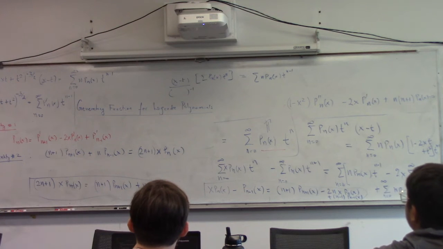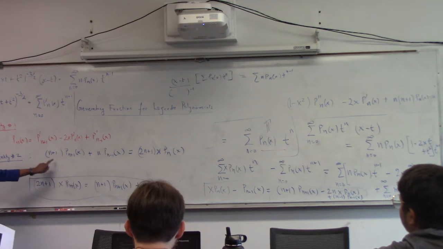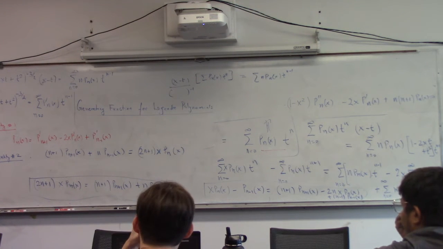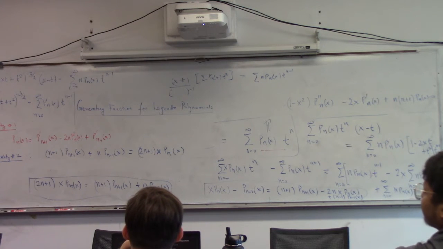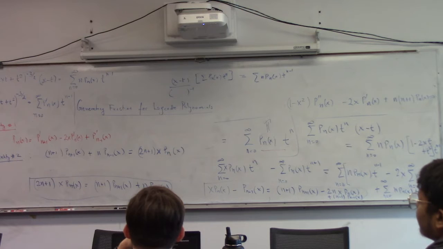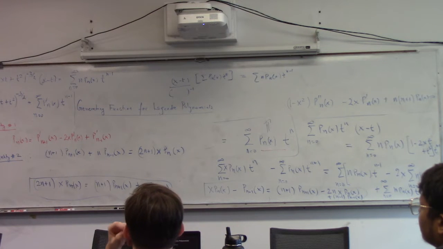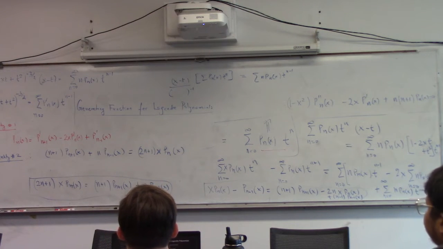What is this identity? This is the recursion relationship that we want. If I know P0 and P1, I can calculate P2. If I know P1 and P2, I can calculate P3 and so on. So you can set up a computer program to calculate any Legendre polynomial, P10 or whatever it is, rather than going into the infinite series and looking at what your Legendre polynomials could be.